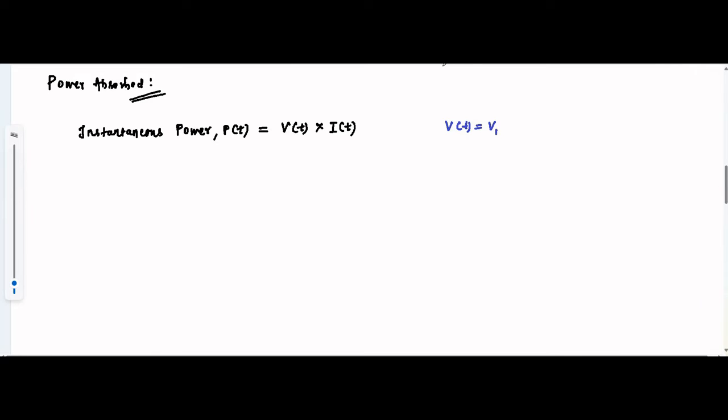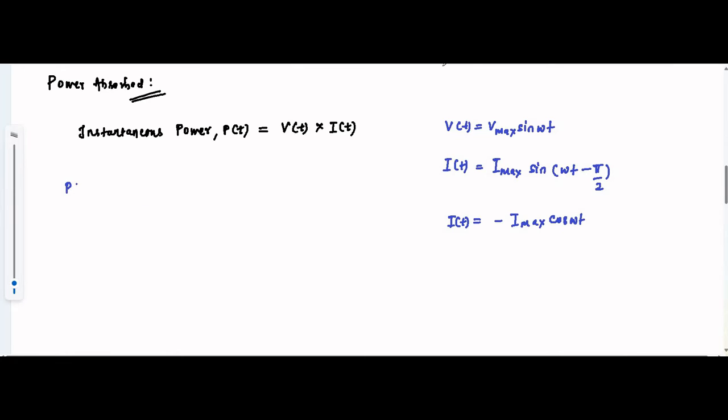Now here Vt is equal to Vmax sine omega t, and IT is equal to Imax sine omega t minus pi by 2, or we can write it in the original format which we got, which is minus Imax cos omega t. We'll use this expression.